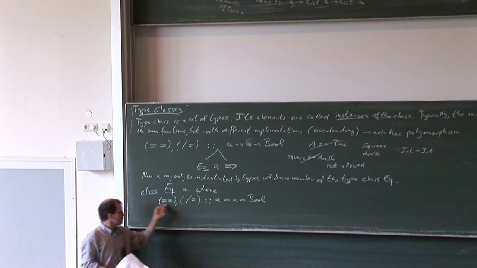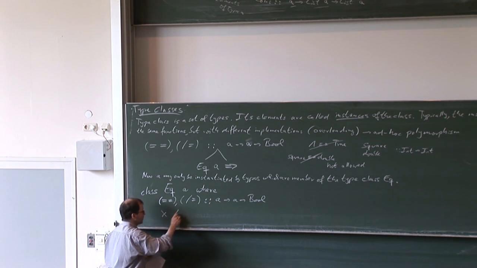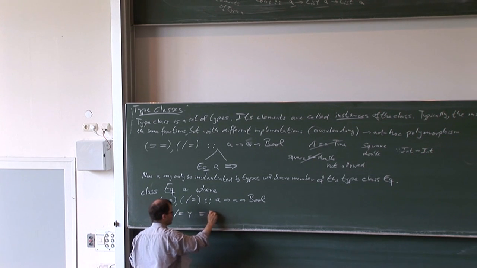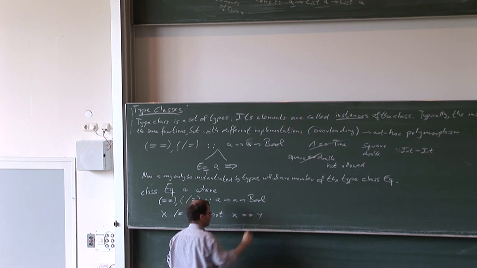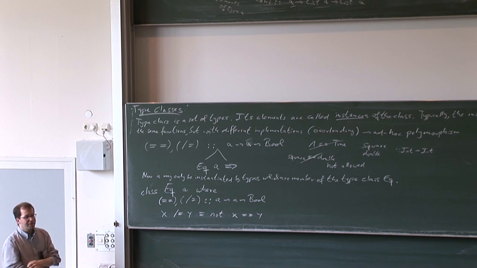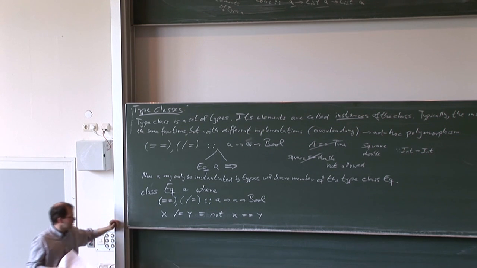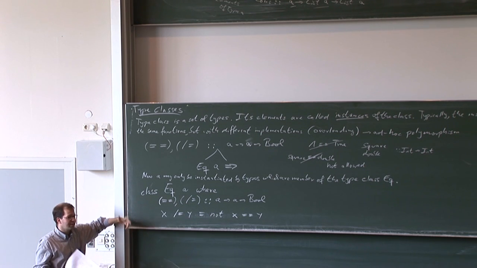And we can also say how these functions are implemented. So for example, we can say, well, disequality is simply implemented by not x equals y. But we give no implementation for equality. So this is very similar to the concept of classes and the class hierarchies that we have in object-oriented languages. So here, this is like an abstract class in Java.